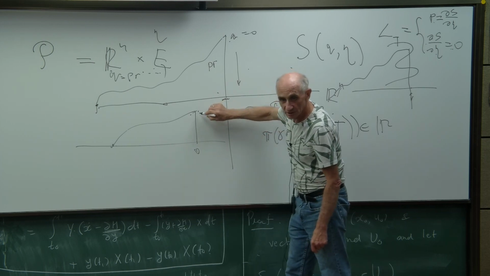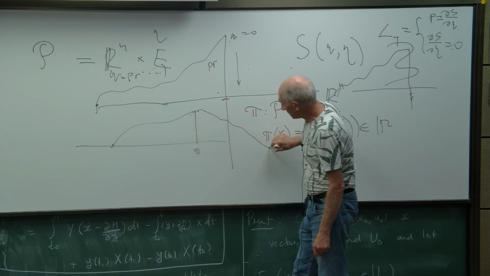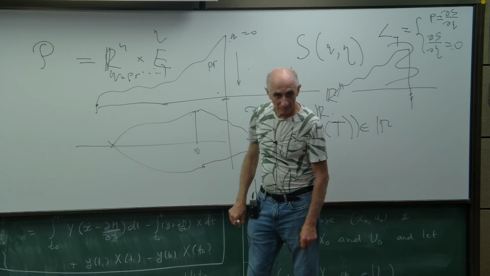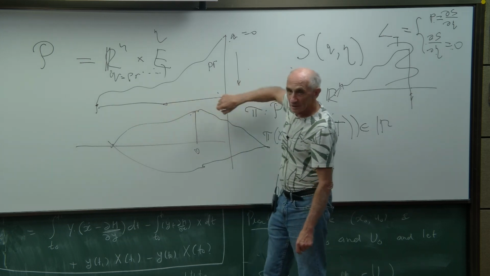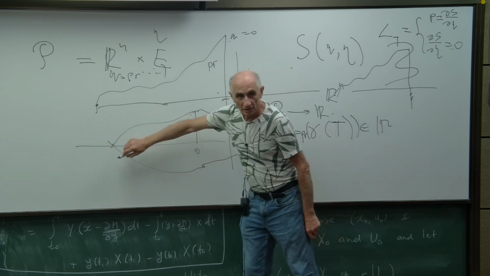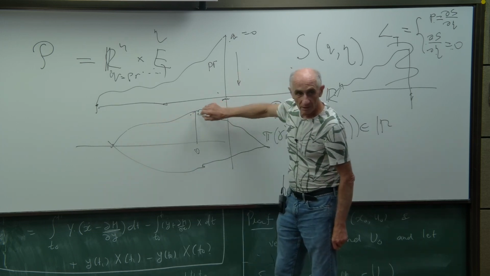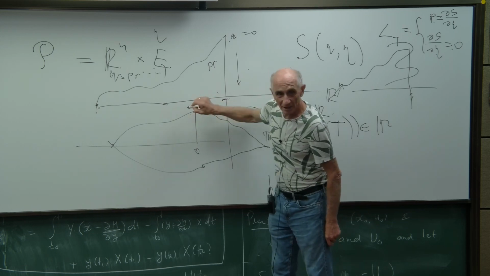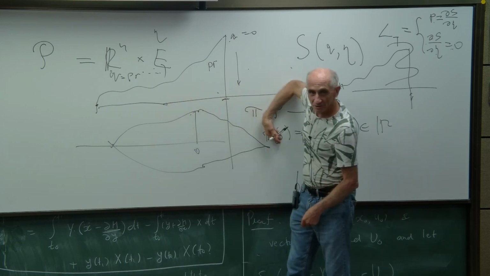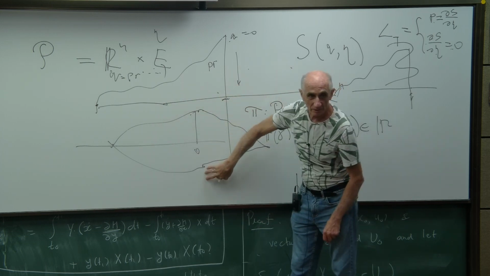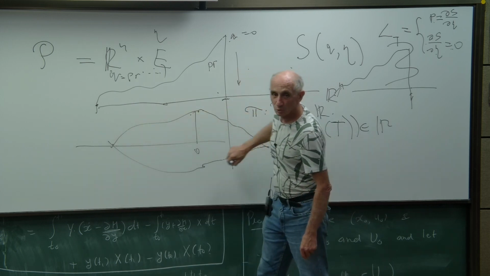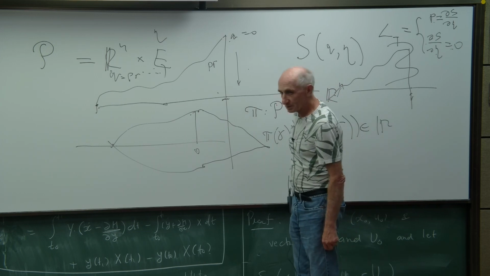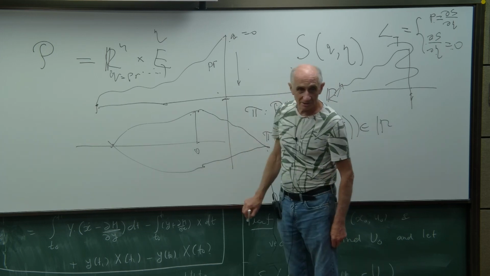Instead of this quarter, I'll complete it: I reflect it this way and reflect it this way. So I want to consider a loop which is centered at 0.